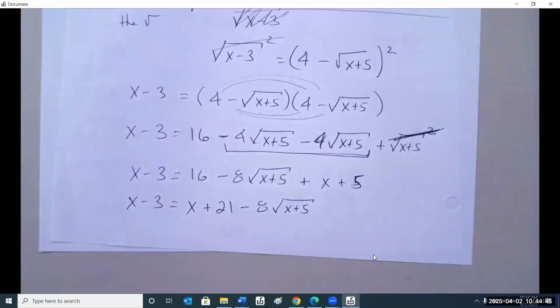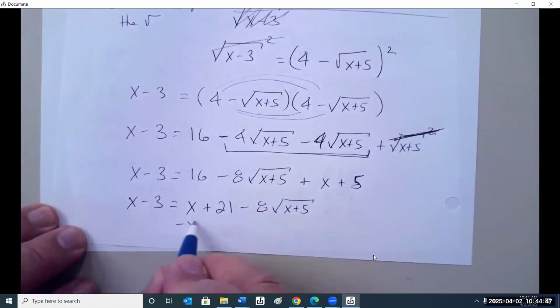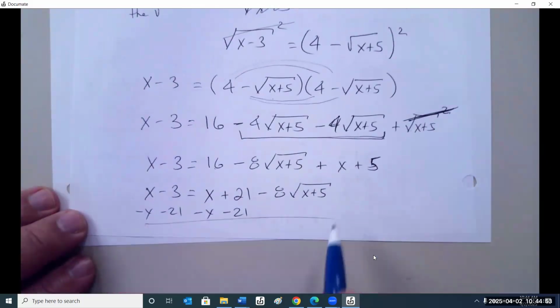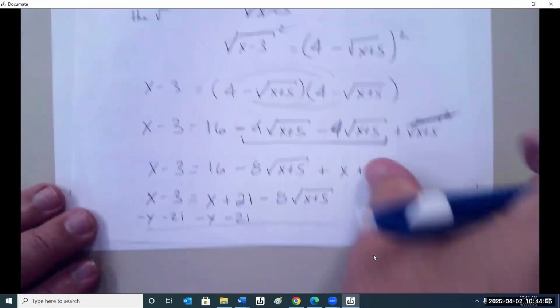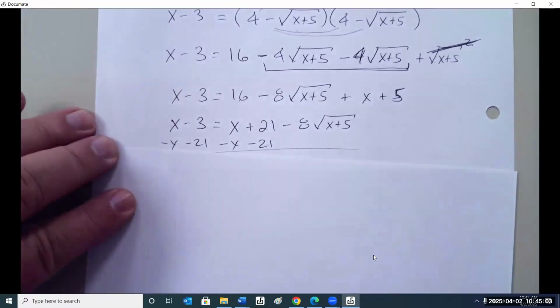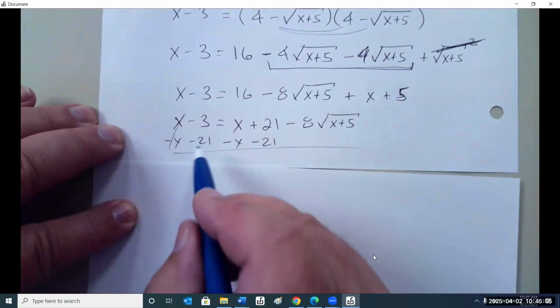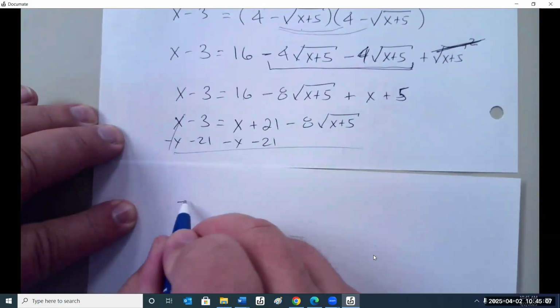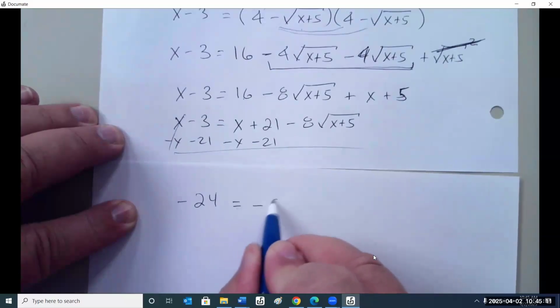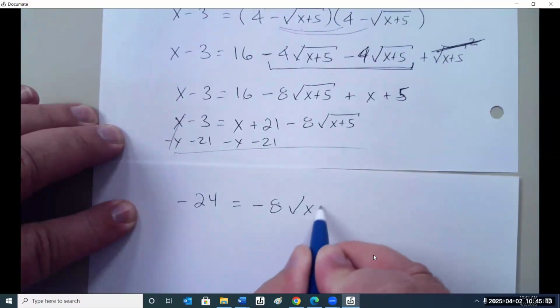So we have to move everything else to the other side. Subtract the x. Subtract the 21. So the x's cancel. Negative 21, negative 3 is negative 24. Equals negative 8 square root of x plus 5.